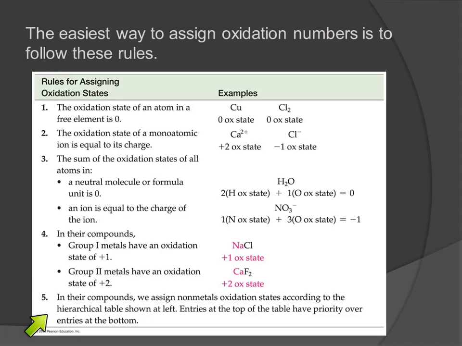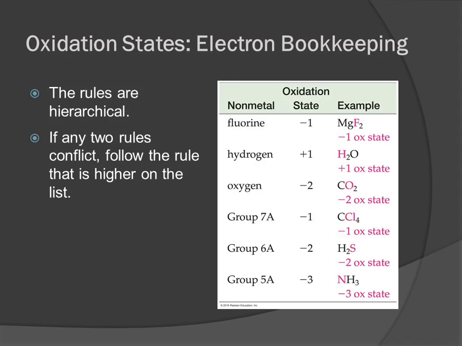In their compounds, the nonmetal oxidation states are assigned by looking at a table. It's on the next slide. Entries at the top of the table have priority over entries at the bottom. So we've got fluorine, hydrogen, and oxygen.